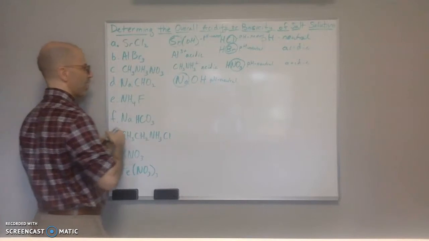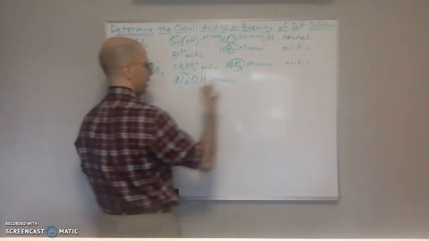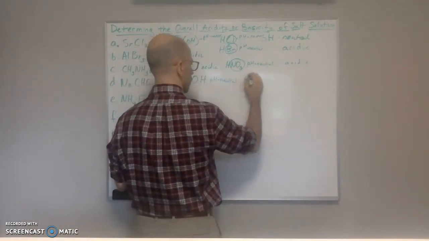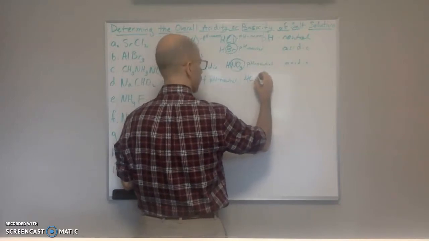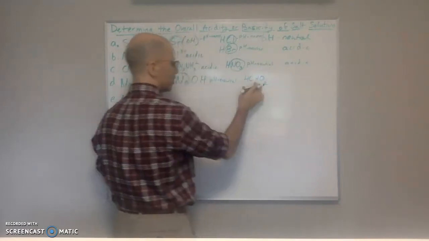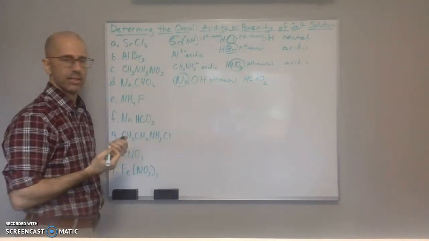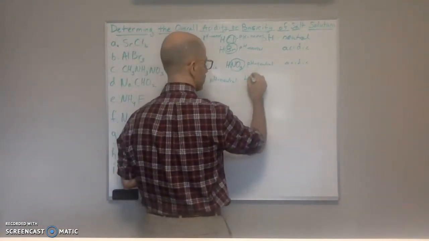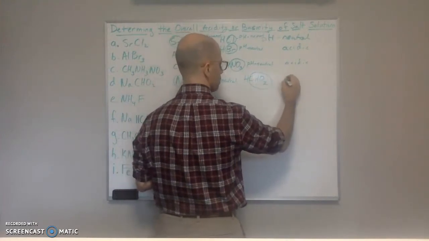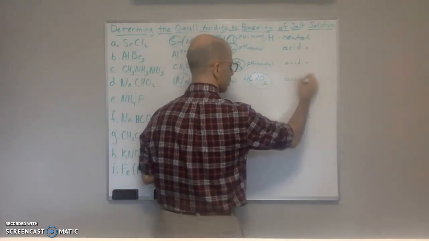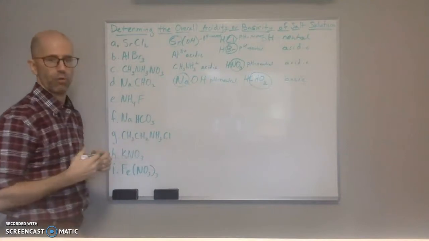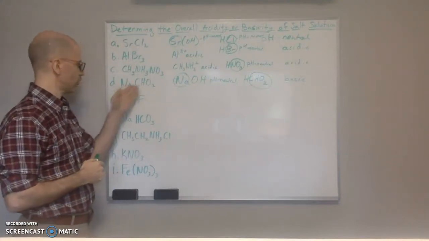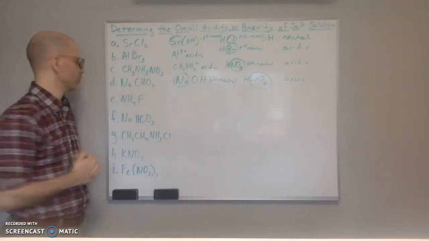And this ion comes from formic acid, HCHO2, which is a weak acid. So therefore this CHO2 is going to be basic. So we would expect that to form a basic solution. So this salt would form a basic solution.